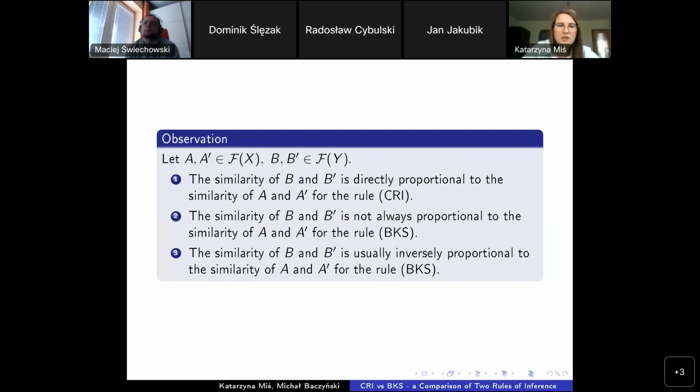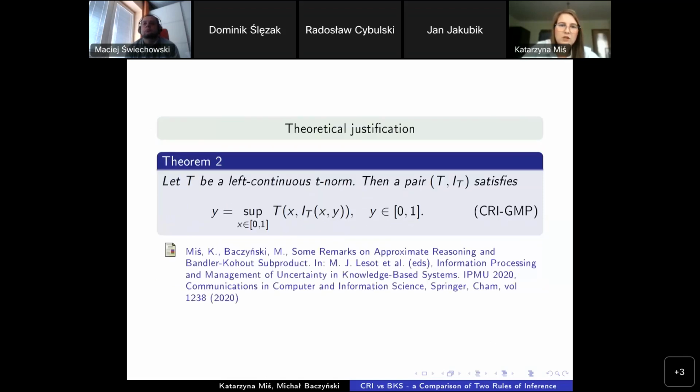As I said in the beginning, I talked about some theoretical background because we also have a theoretical justification for this fact. It is only a partial justification because it will be given just for some particular cases.